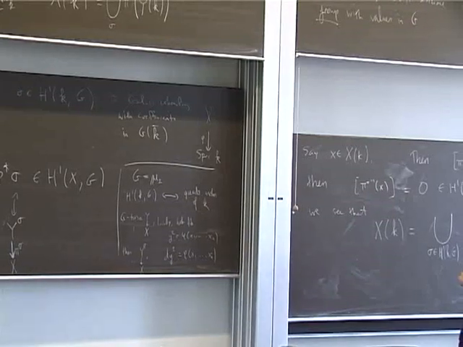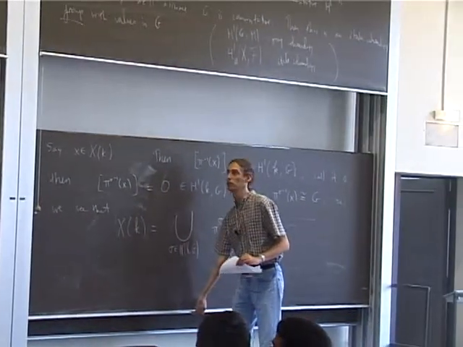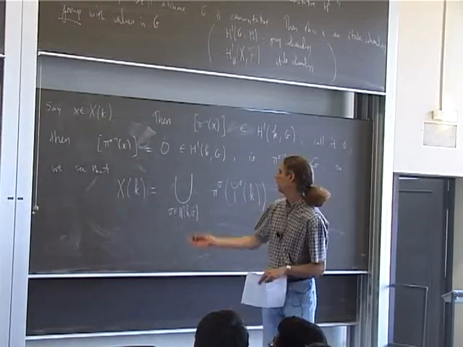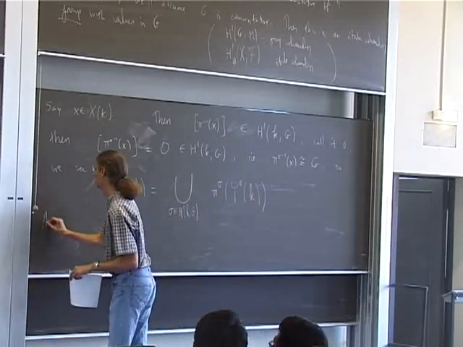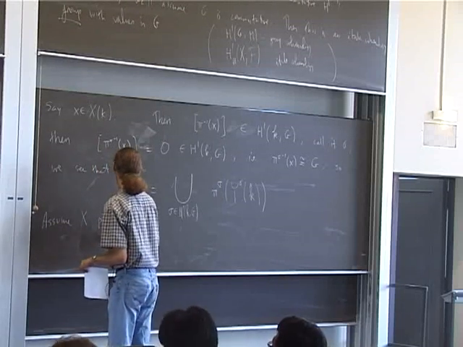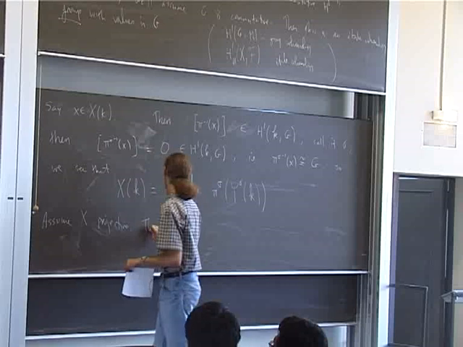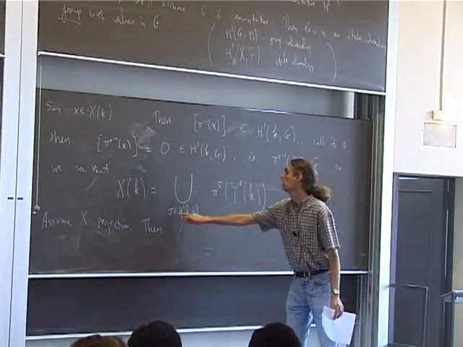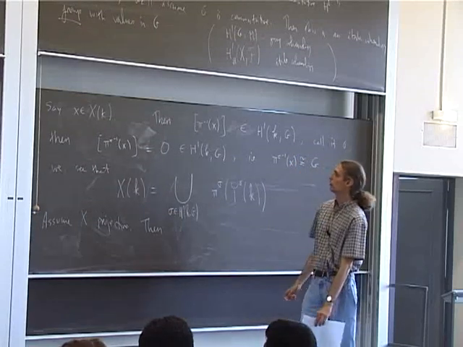Okay, and what's known, so back to this general statement. I think we have to assume X is projective. Then only finitely many sigmas occur.